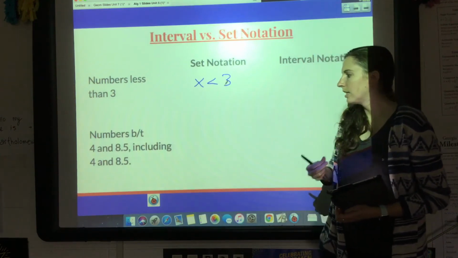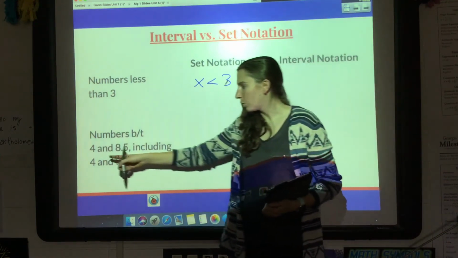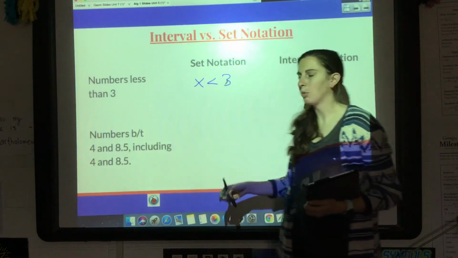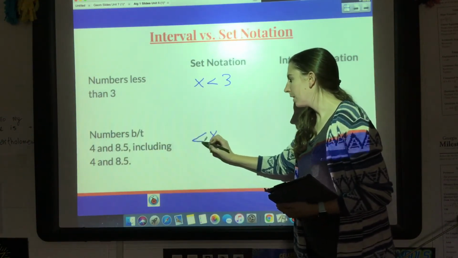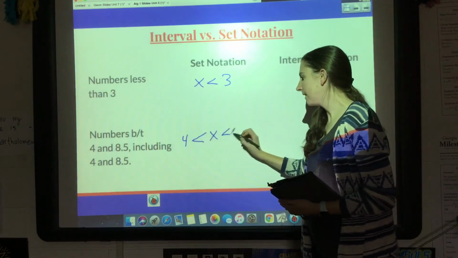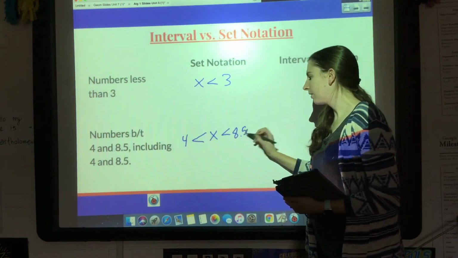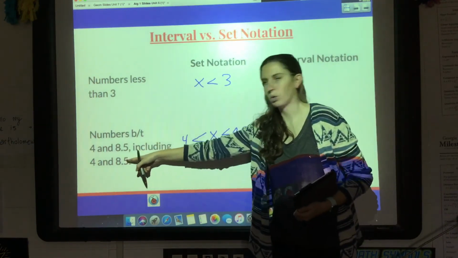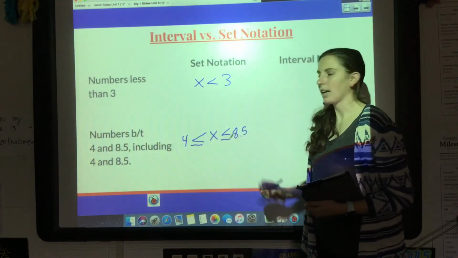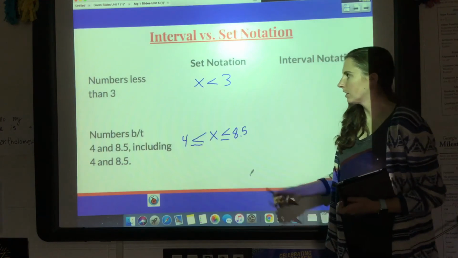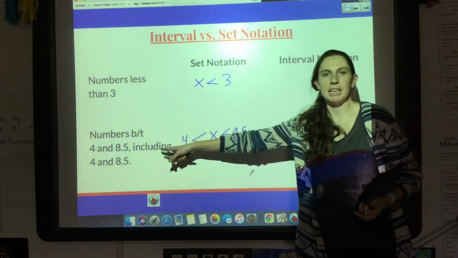Or if you wanted to say the numbers between 4 and 8.5, you would say any number that's bigger than 4 and less than 8.5. Also, it includes 4 and 8.5, so it could be equal to 4 or equal to 8.5. And so that's a way I could represent that interval.